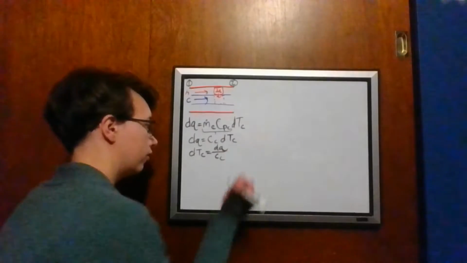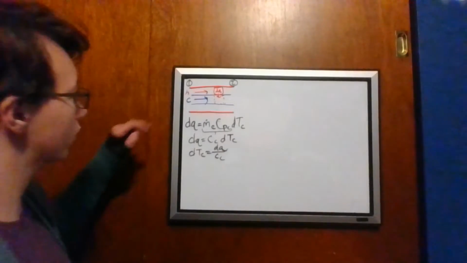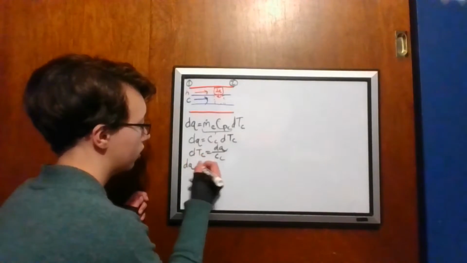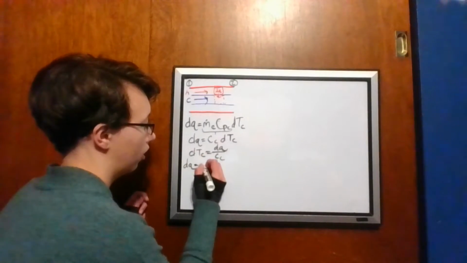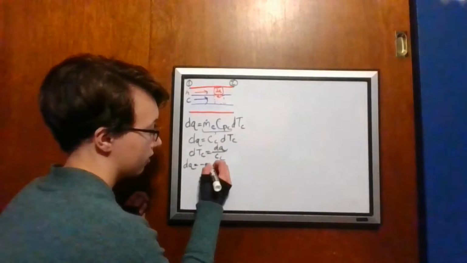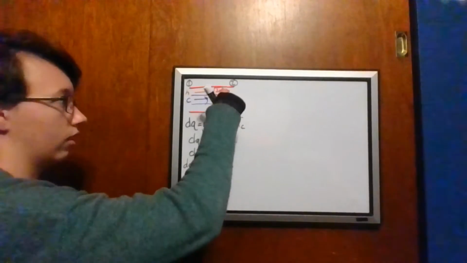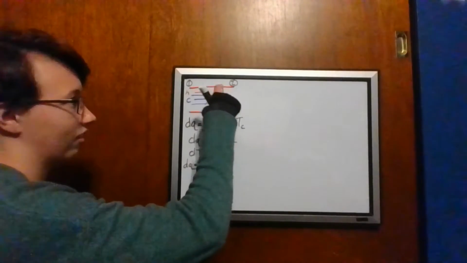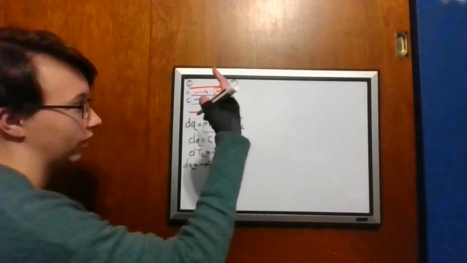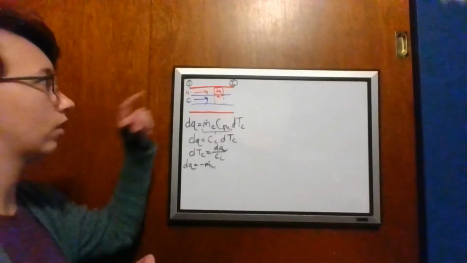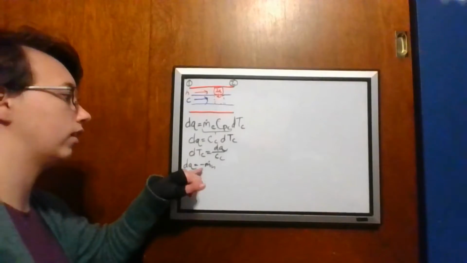And then we can do the same thing for our hot liquid. So we have that our dQ is equal to the negative mass flow rate of the hot fluid. This time it's going to be negative because the cold is gaining heat, whereas the hot fluid is losing heat, so we need to negate it.